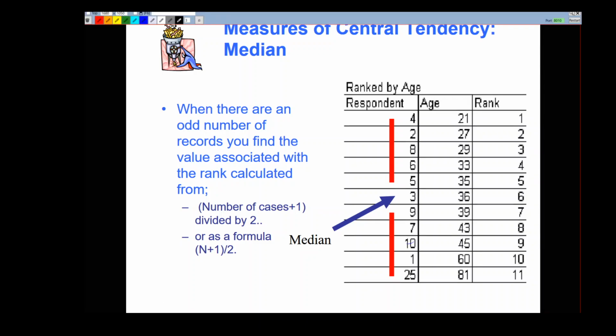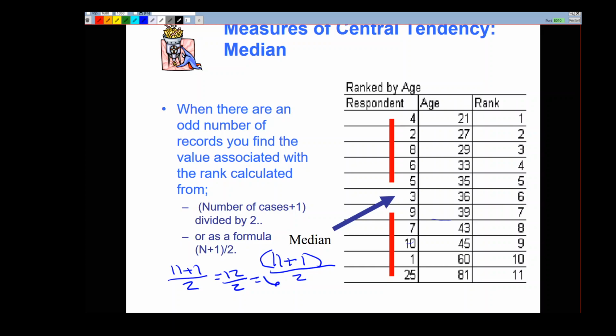So in terms of my ranks, I have 11 cases, 11 plus 1, and I will divide that by 2. So once again, that's 11 plus 1 divided by 2 equals 12 divided by 2 equals 6.